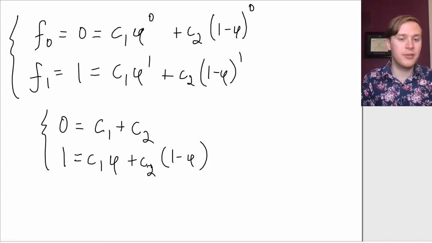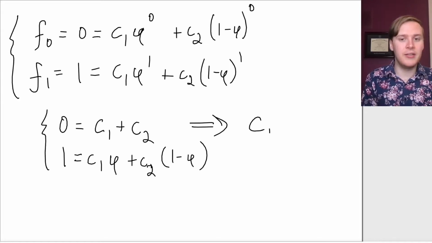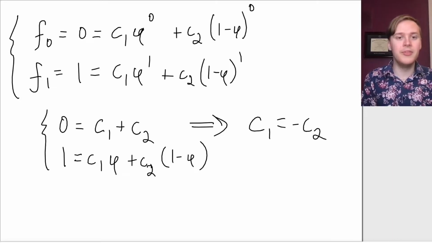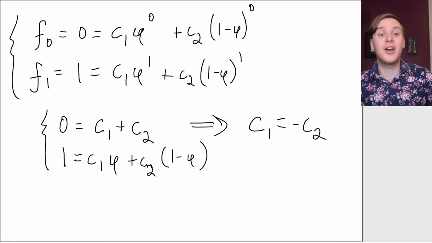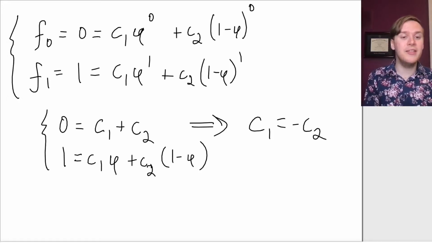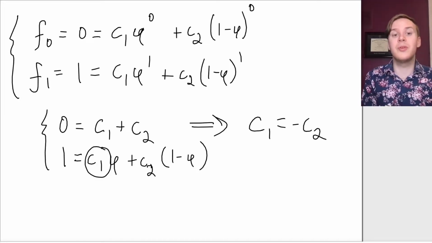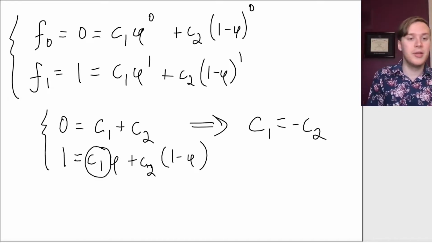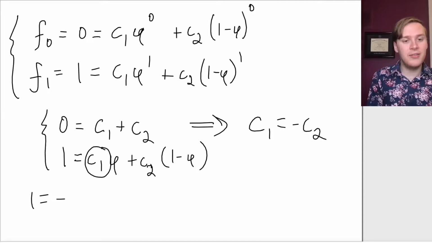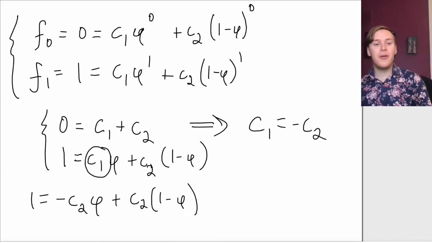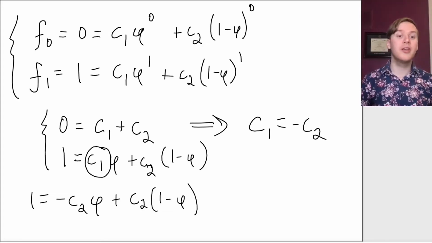First, I'm going to solve this first equation here for C1. So this actually will get us that C1 is equal to negative C2. All I'm doing is subtracting C2 on both sides of this first equation. Now I'm going to take this second equation over here, and I'm going to plug in negative C2 for C1, because we know that C1 is equal to negative C2. So I'll get 1 equals negative C2 times phi plus C2 times 1 minus phi. Okay, so now I can solve this equation for C2.